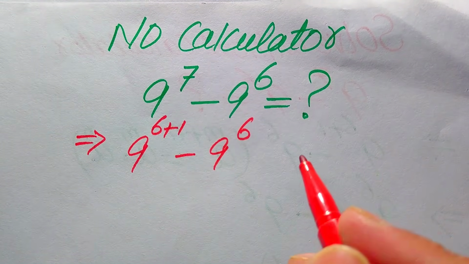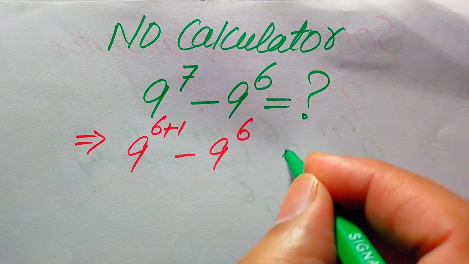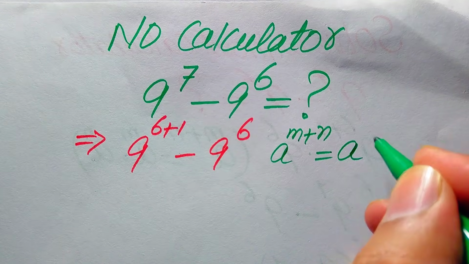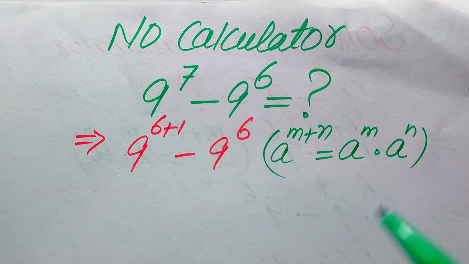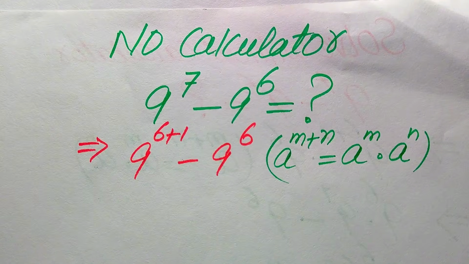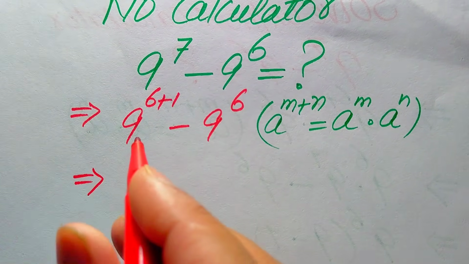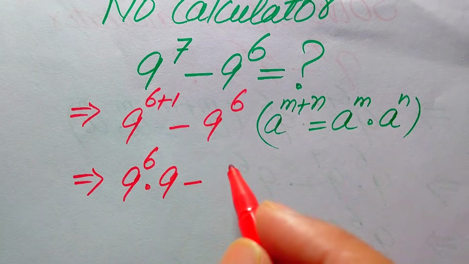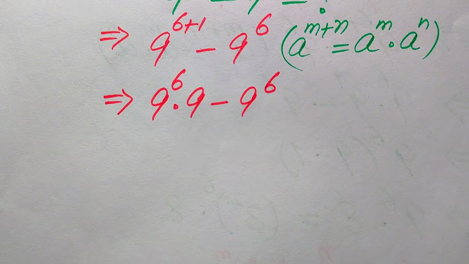In the next step we use the nice exponential law. You know about that. If we have a to the power of m plus n, it is equal to a to the power of m multiplied by a to the power of n. So according to this rule of exponents, we just break this down as 9 to the power of 6 multiplied by 9 minus 9 to the power of 6.